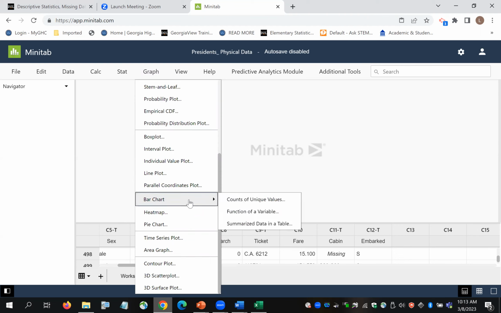And Minitab will do it from a variety of ways. It'll do it from what we call the raw data, just the random list like we have. It'll do it in terms of an equation, or it will do it if I've already summarized the data. We will be using counts of unique values because we have the random list of data.